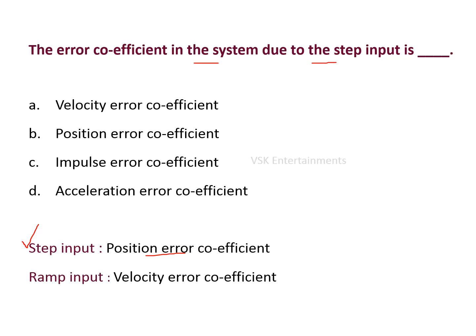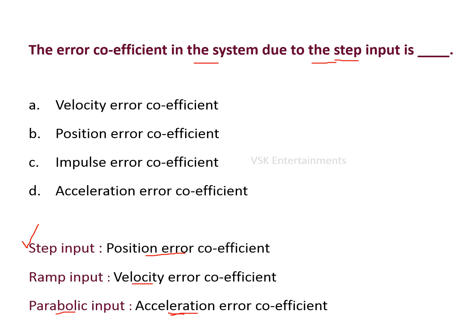If the input is ramp, it is the velocity error coefficient. If the input is parabolic, we get the acceleration error coefficient. In this case the input is step, so we get the position error coefficient. So option B is the right answer.